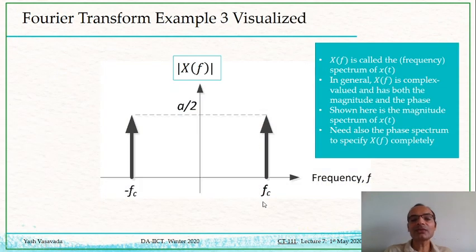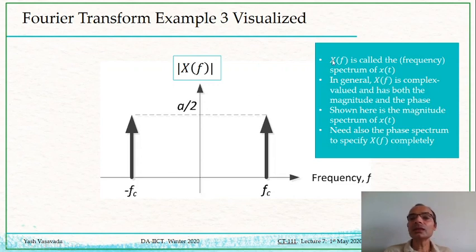One located at f of c, other located at minus f of c. And the weight of the impulse is given as a divided by 2. So this is the Fourier transformation of the sinusoidal signal.